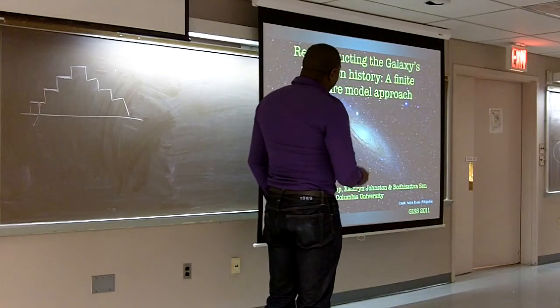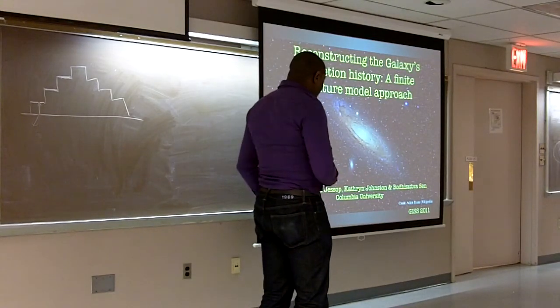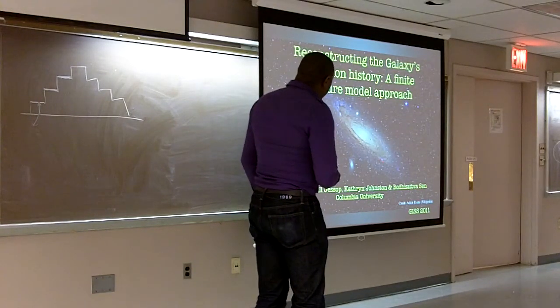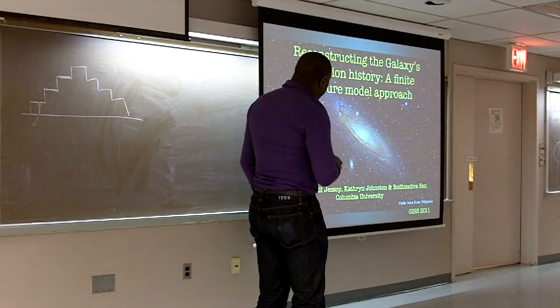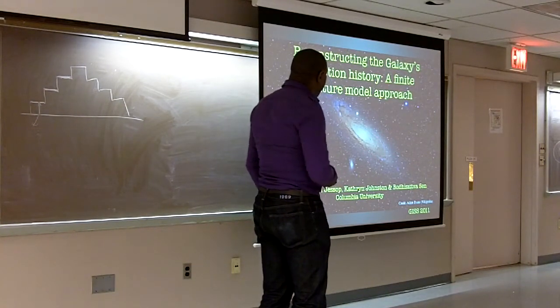So what we have here is a picture of the Andromeda Galaxy. What we can clearly see in this image is the bulge of the galaxy and the disk of the galaxy that has some gas and dust lanes and some evidence of star formation in these little purple regions here.